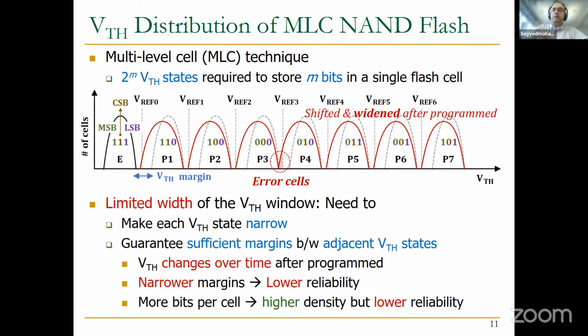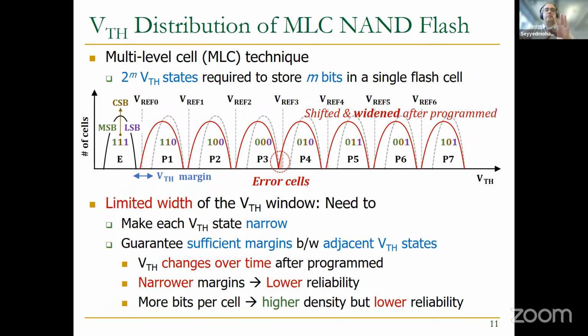Okay, so here we have this trade-off. Whenever we want to use higher densities, like TLC or QLC flash, you can have higher density and higher capacity in your flash chip, but at the same time reliability is lower.